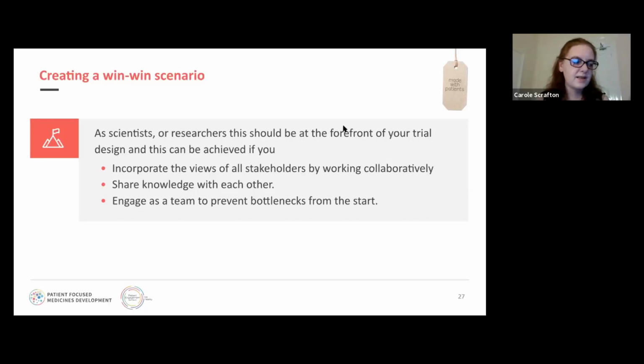This means science, academia, patients, care partners, healthcare professionals, and even those involved with the laboratory processes and testing elements of your study. Preventing potential bottlenecks from the beginning by taking this into account is always a worthy investment.